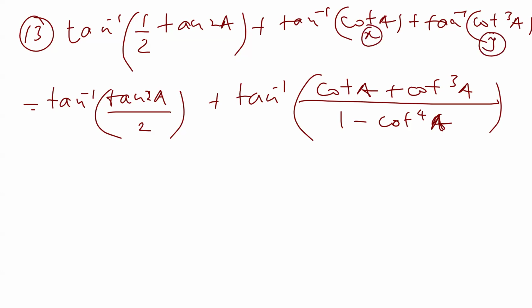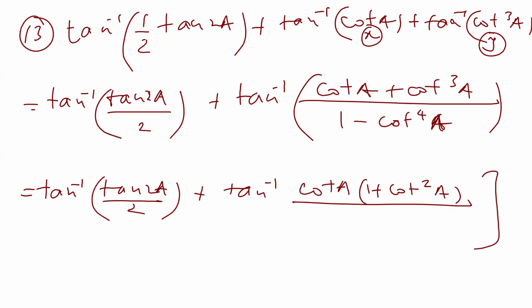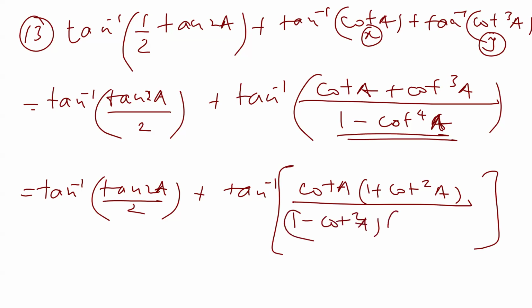I applied that formula, tan inverse of x plus tan inverse of y, over here. So this gives me tan inverse of tan 2a by 2 plus tan inverse of, I'll take cot a common in the numerator, and in the denominator I'll apply a square minus b square. So that is 1 minus, a square minus b square is a plus b into a minus b.